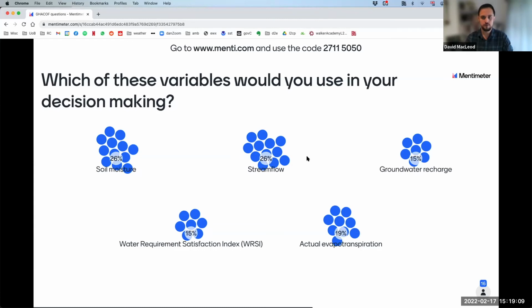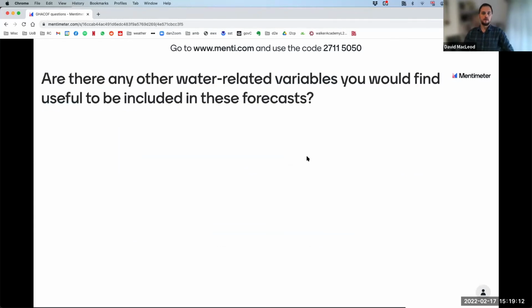Let's move on to the next question. What we want to know now is, are there any other variables related to water which might be useful to be included? Is there anything that we've overlooked? This is an open-ended one, so please just type your response and it should appear.